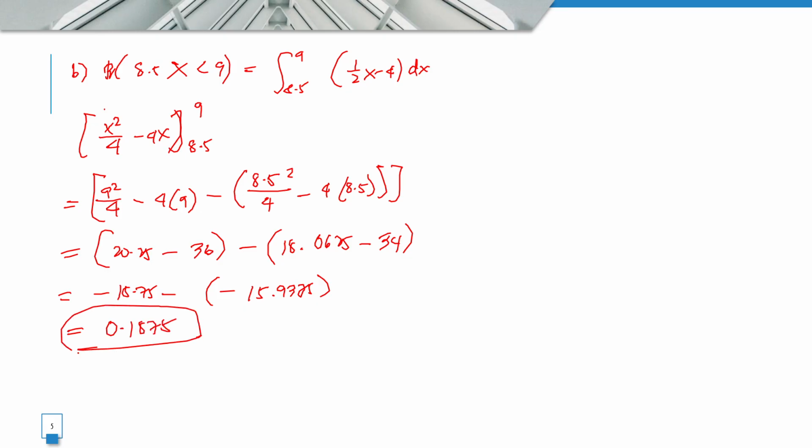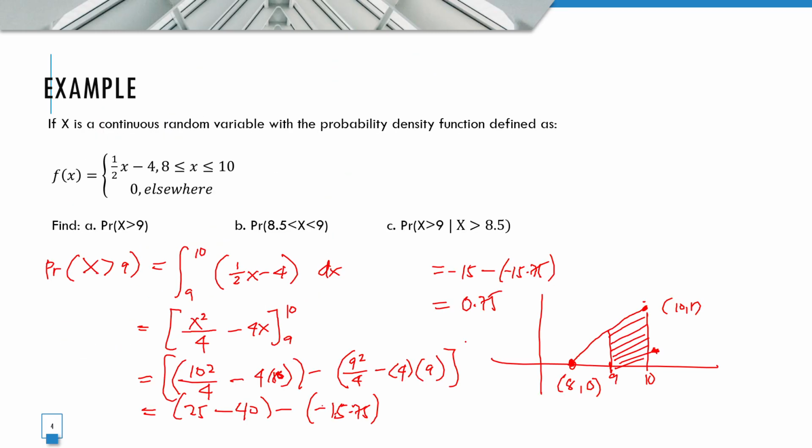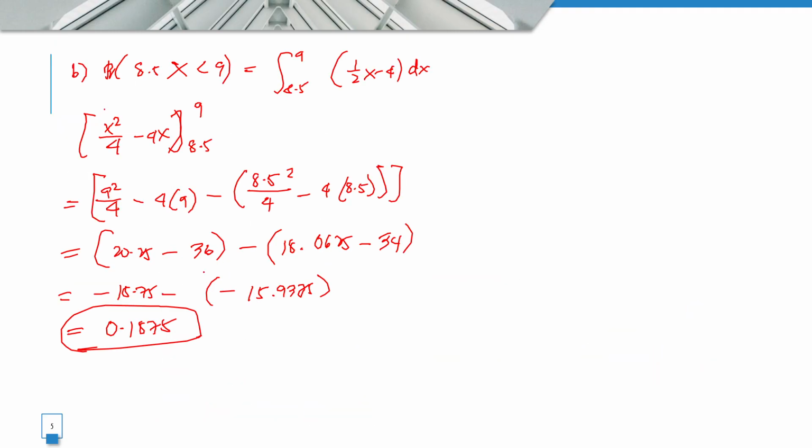0.1875. So if we're going to illustrate this one, the illustration would look like this. Using this illustration, this is 8 and this is 10, 1 here.